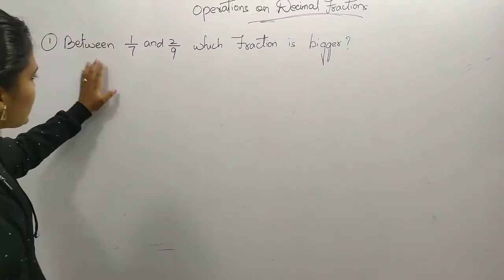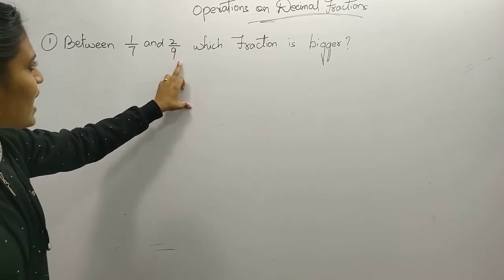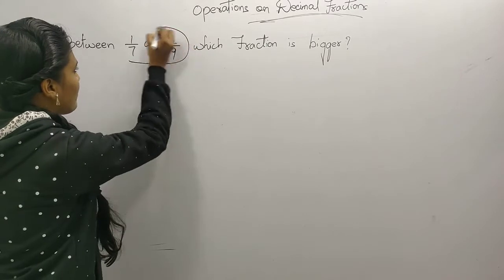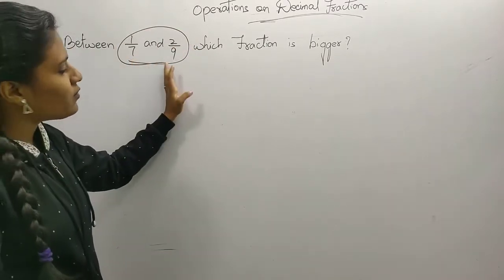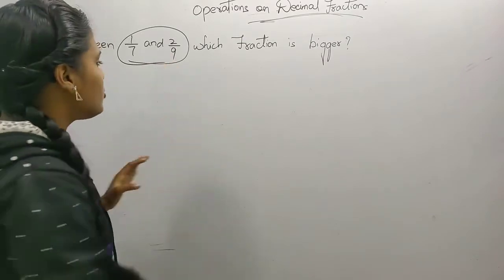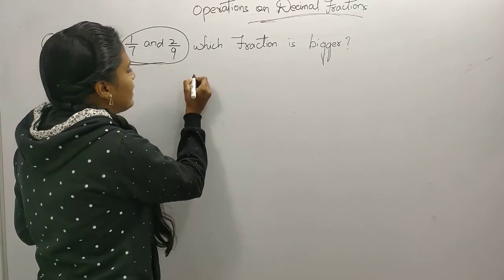What is the question? The first question is: given 1 by 7 and 2 by 9, which fraction is bigger? Out of these two we will find out which one is bigger. First we must write what is given.